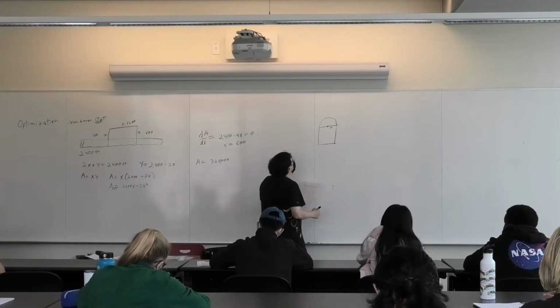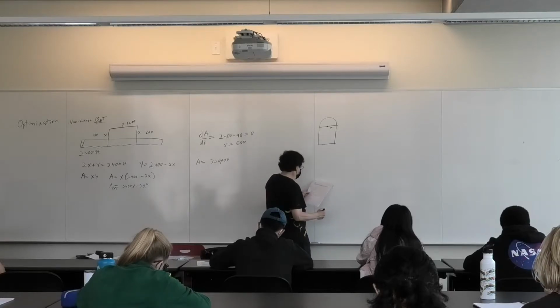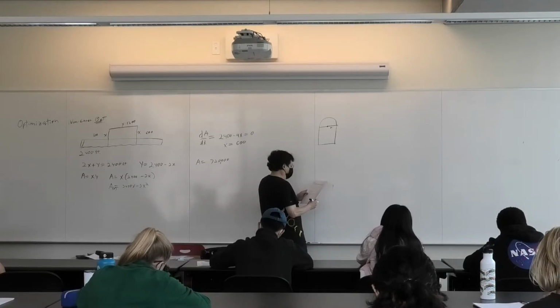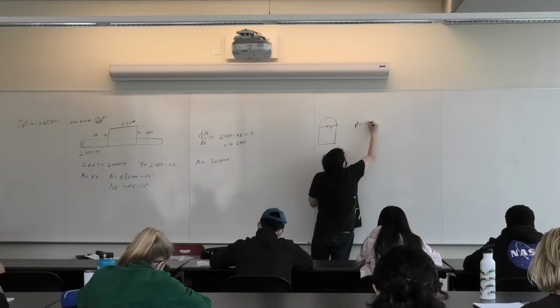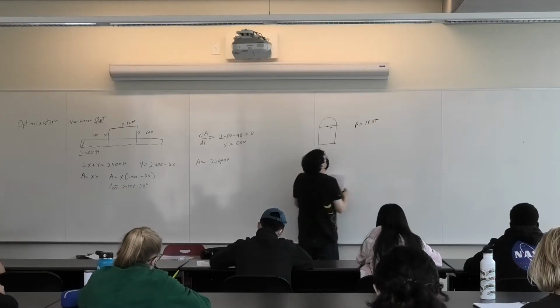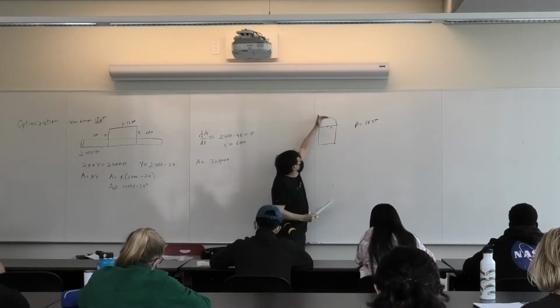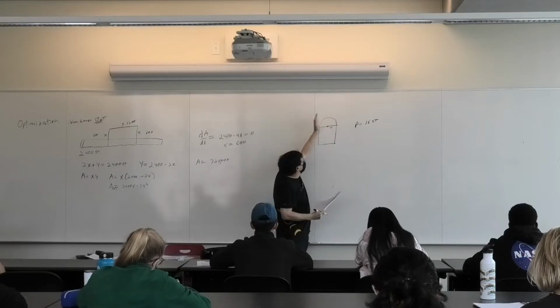And of course, we have some constraint here, which is the perimeter has to be 16 feet. There's a metal band we want to put around the window.